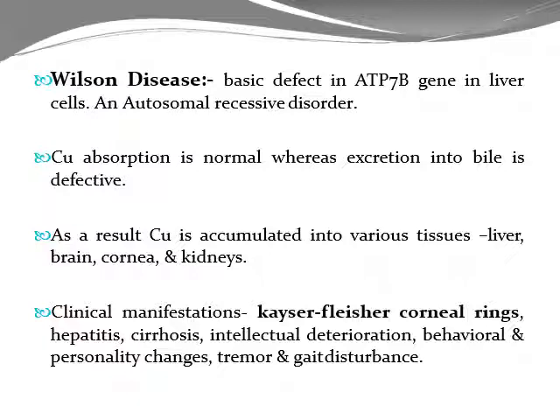As a result, copper will accumulate and ultimately deposit in several tissues and structures like the liver and brain, and it has a typical specific clinical manifestation called Kayser-Fleischer rings, corneal rings you'll find in the eyes. It may cause hepatitis, cirrhosis, and if it affects the brain, may cause behavioral changes, personality changes, tremors, etc.